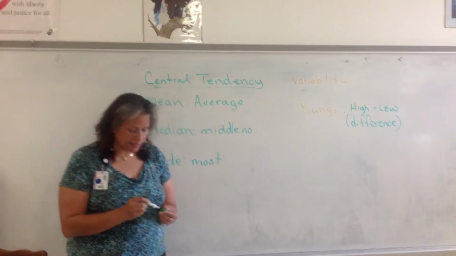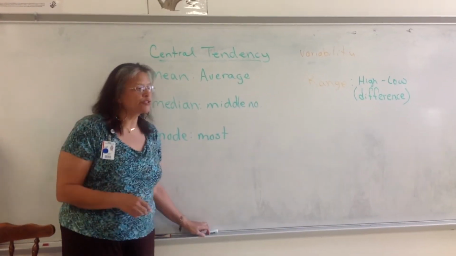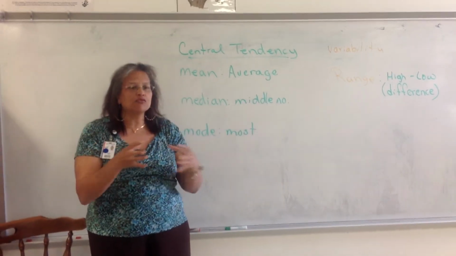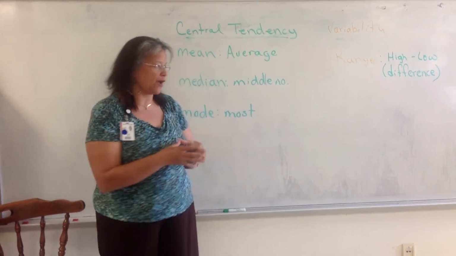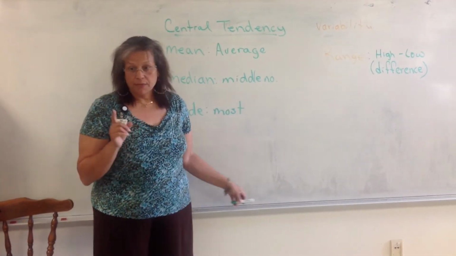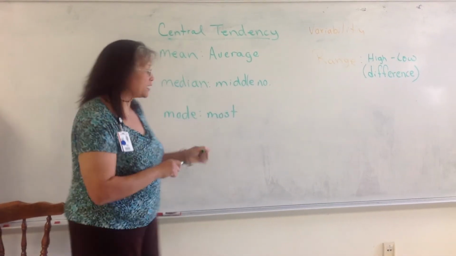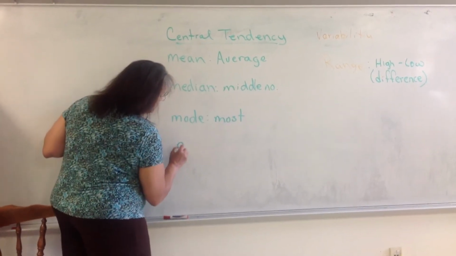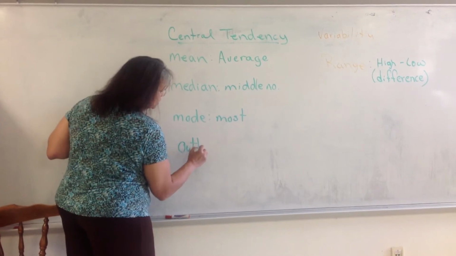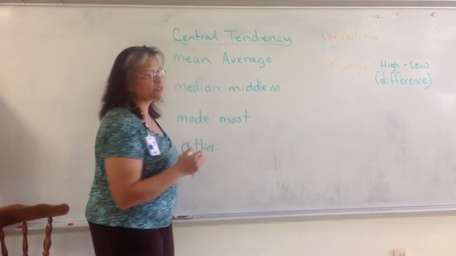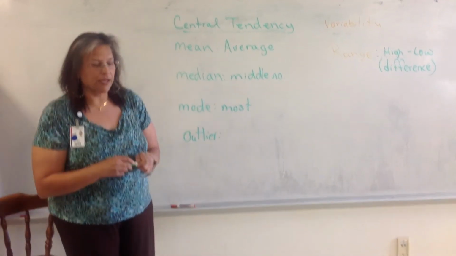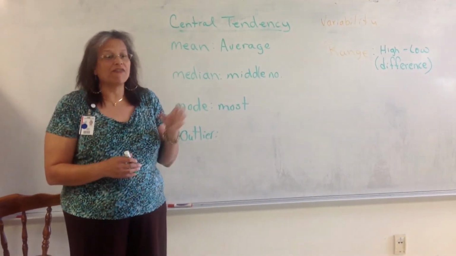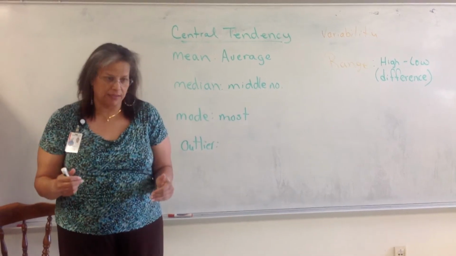So, central tendencies. What a central tendency does is allow us to group our data to get a central idea of the numbers. Now, in 7th grade, you guys have to understand this: you sometimes have to deal with what's called an outlier. And it doesn't mean somebody that's lying. An outlier is when your data has a value in it that doesn't fit the rest of the data.